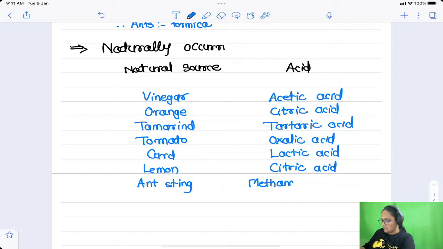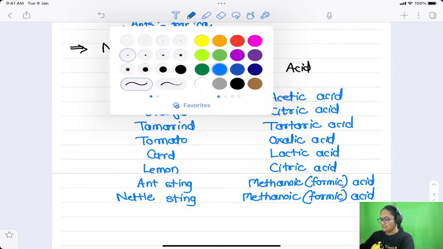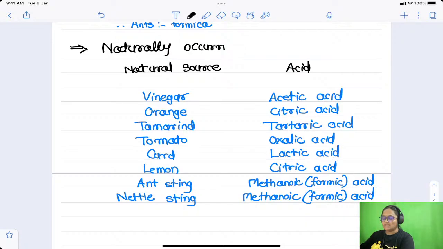Methanoic acid is also called formic acid, methanoic acid or formic acid. Similarly in nettle sting also the same acid is present. The name of this acid is methanoic acid, methanoic is the IUPAC name. Formic acid is the common name.